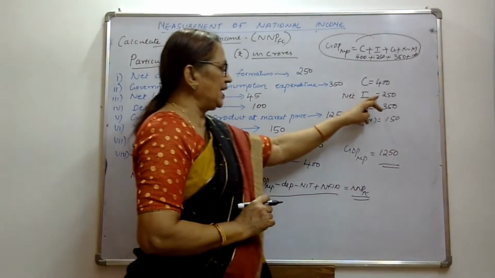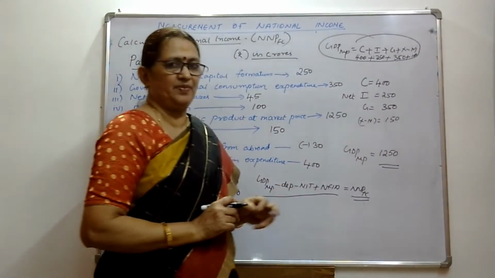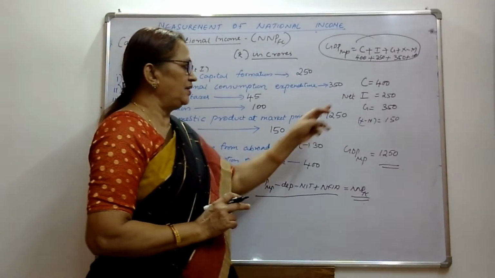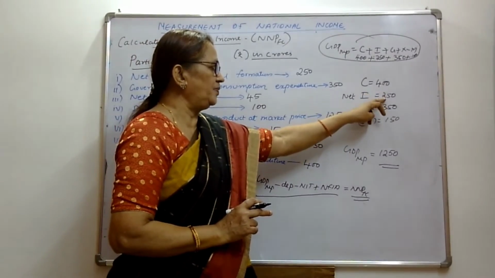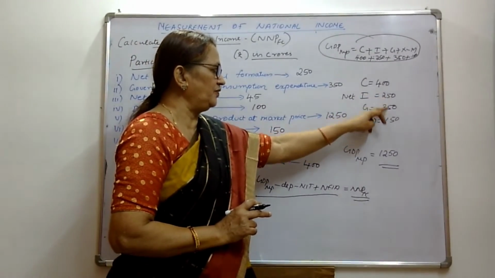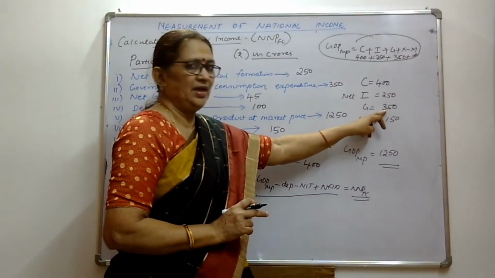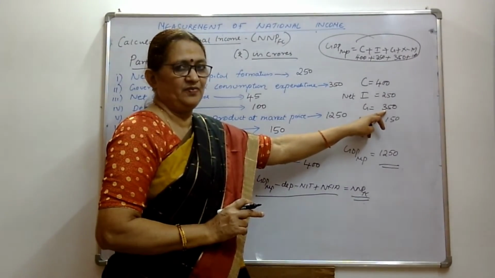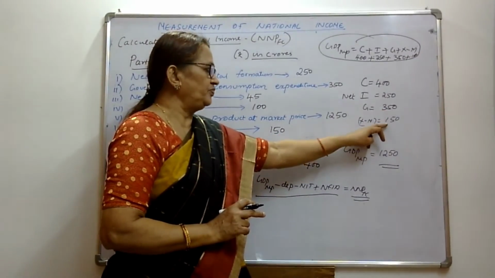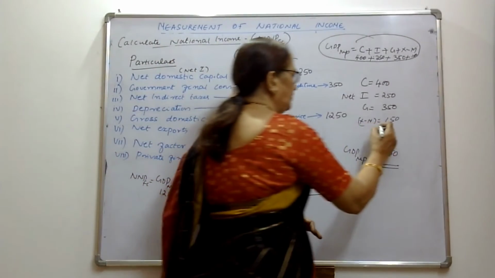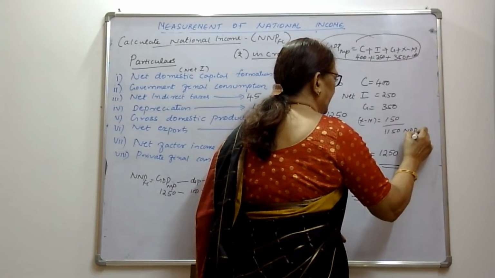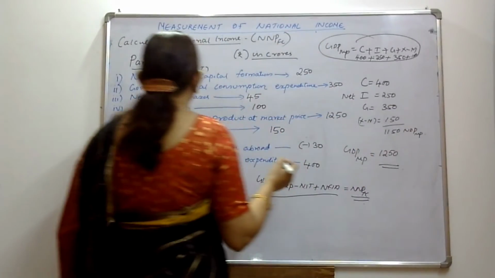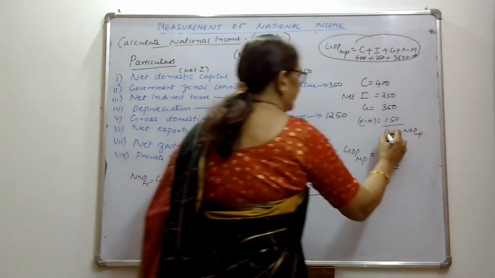If we are calculating this way, C plus I plus G plus X minus M, we get NDP at market price. What is the value? 400 plus 250, 650. 650 plus 350, that is 1000. Plus 150, 1150 is NDP at market price. What is the value of depreciation? 100.